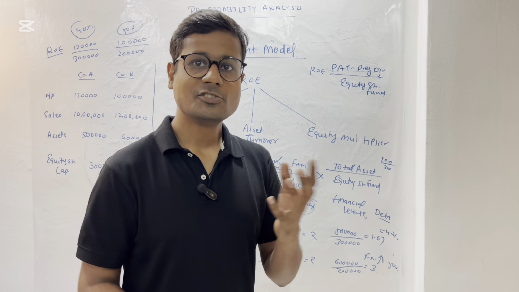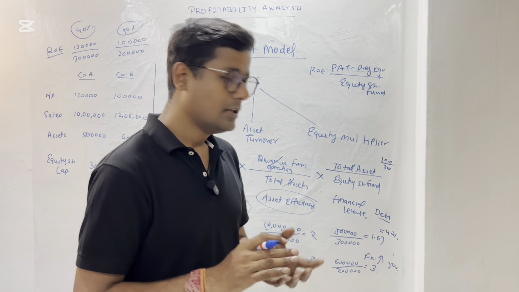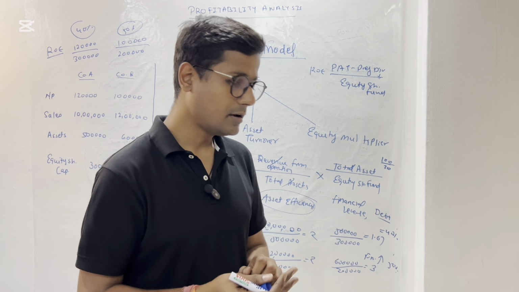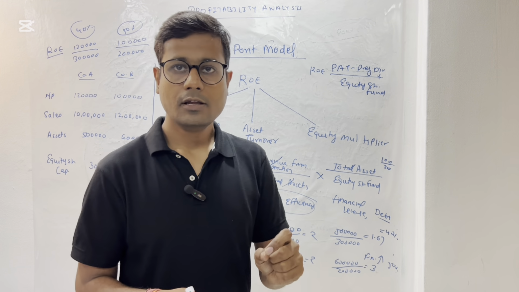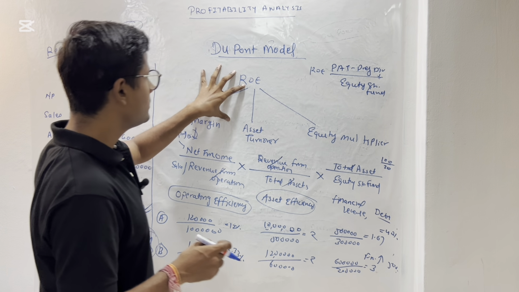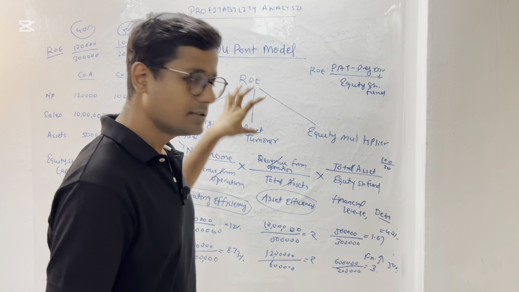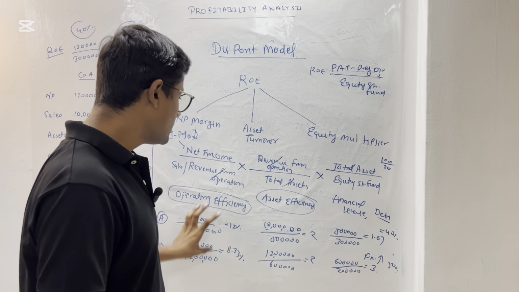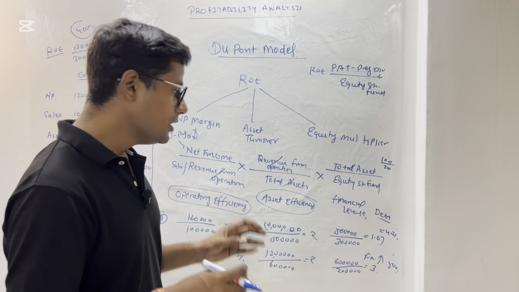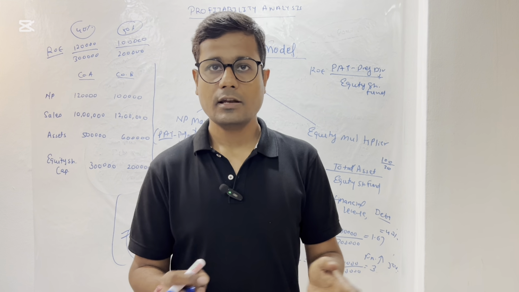This is how companies utilize leverage, which is a point I'll take up in the next video: how a company utilizes debt to manage its ROE. What I want to tell in this video is that this model is really helpful to dissect ROE and understand which company is good and which is bad in various aspects, so that you can take a prudent call about your investment and analysis, right?